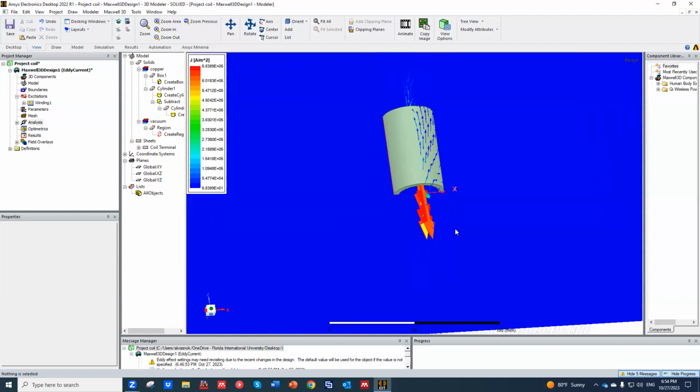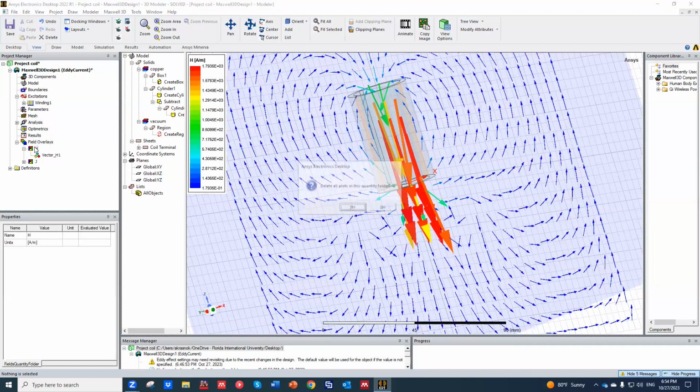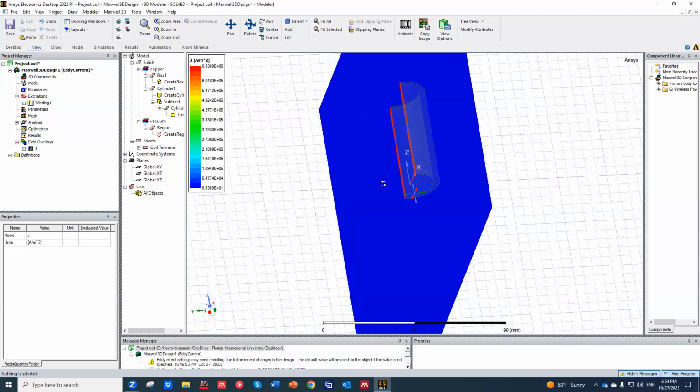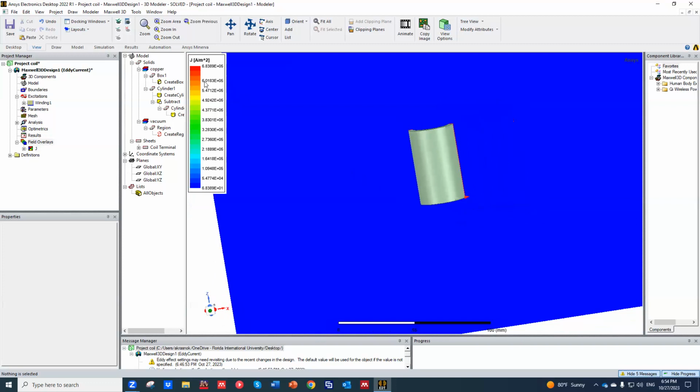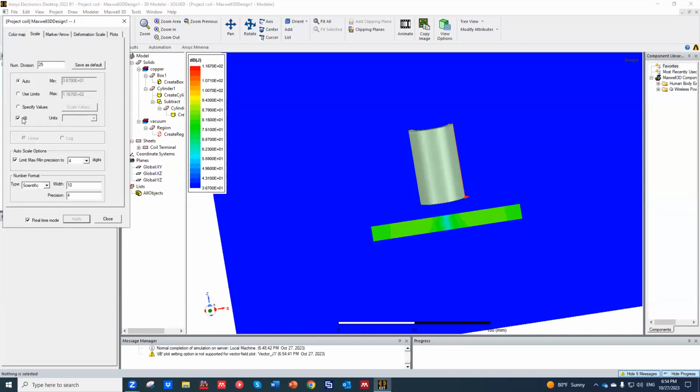Not really. Let me remove the magnetic field. Aha, so it's there. I just don't see it.